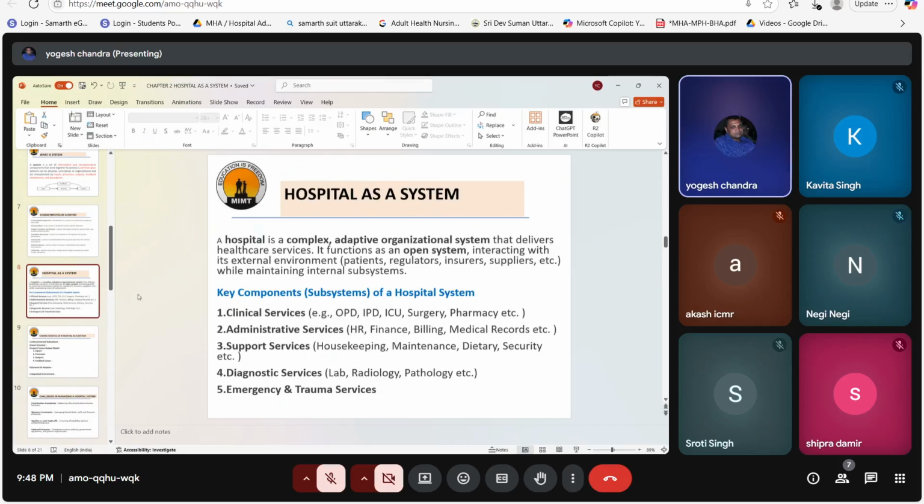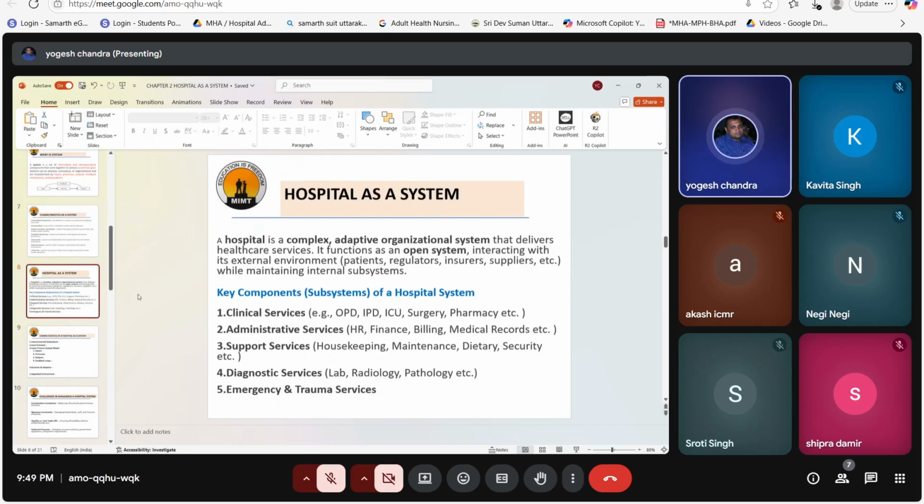Now there is a separate emergency and trauma department as decided by the National Medical Commission. Initially it was a part of the hospital. Now this is an independent, interdependent kind of department in the hospital. There is an HOD, there are SRs, there are JRs, dedicatedly posted to the emergency and trauma services.